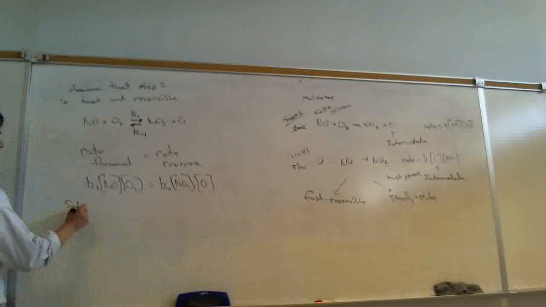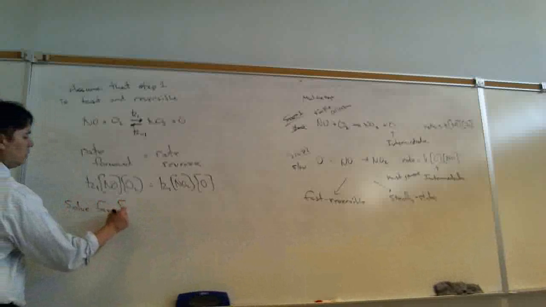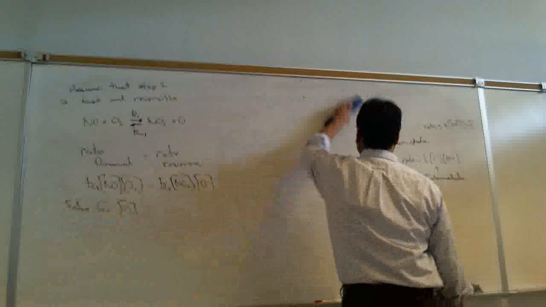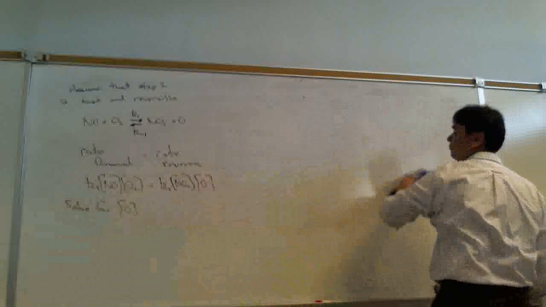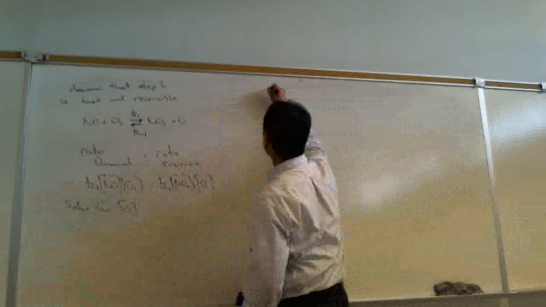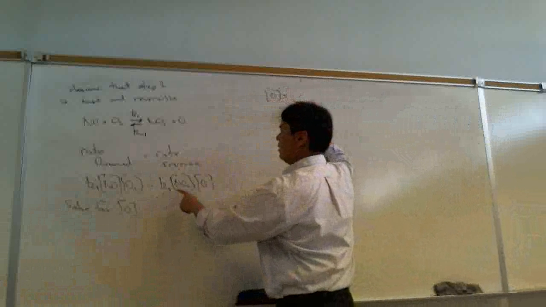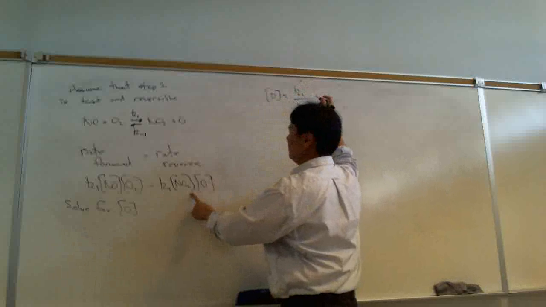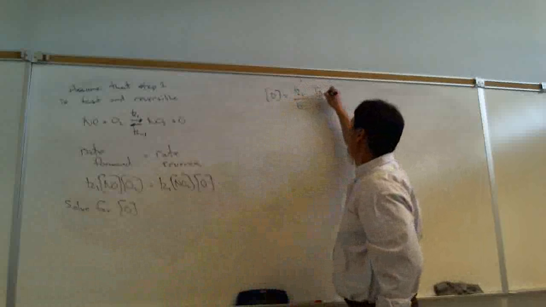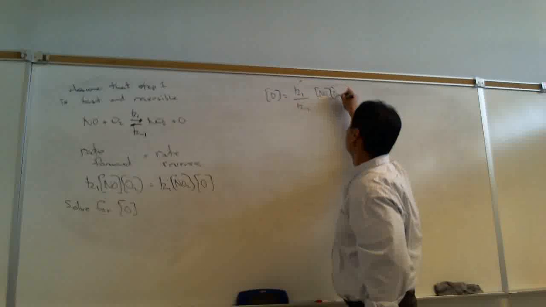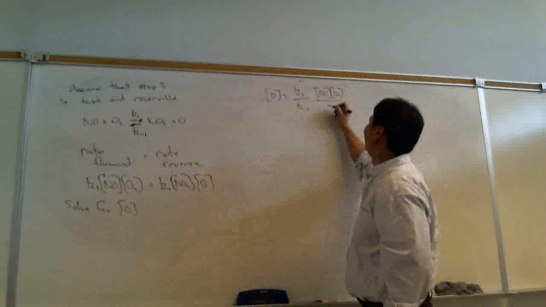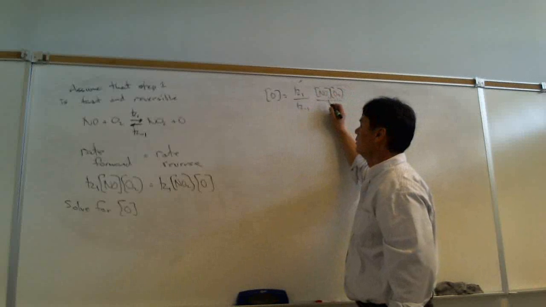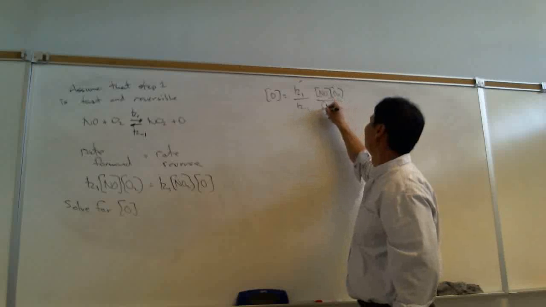Then what we'll do is we'll solve for the intermediate concentration. So the intermediate concentration will equal K1 over K minus 1 times the NO times the O2 divided by the NO2.